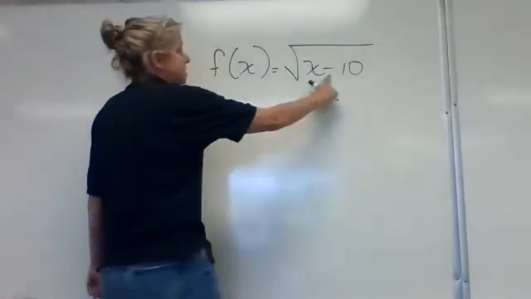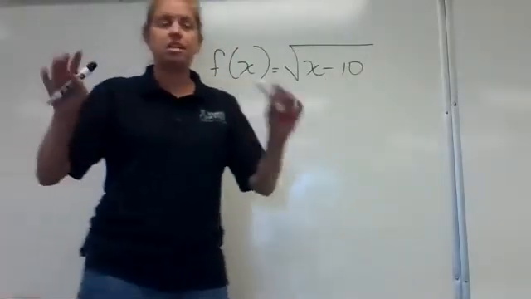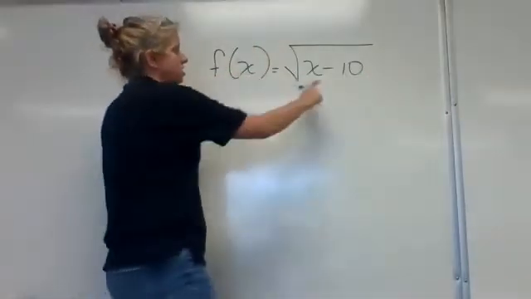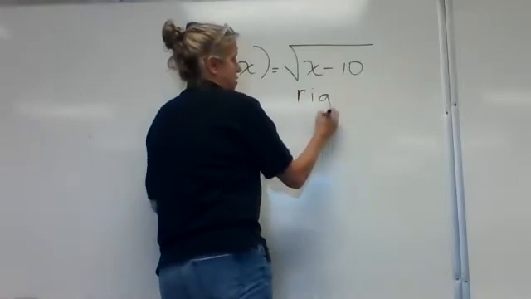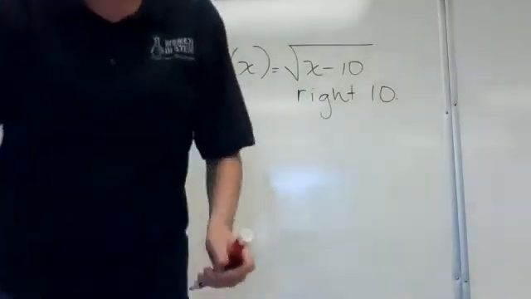So let's see, this is an inside number, right? It's inside the square root symbol. It's not outside of it, out over here. So that is going to be a horizontal shift. I'm going to go opposite the way this sign is telling me. So this one is actually shifting me to the right 10.